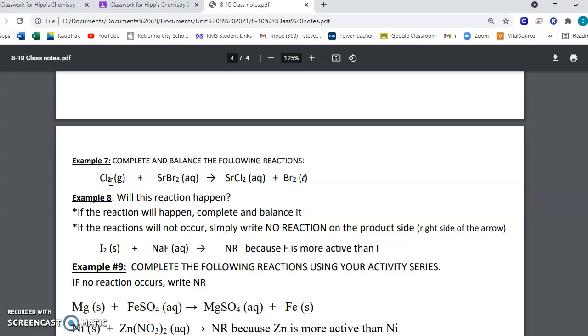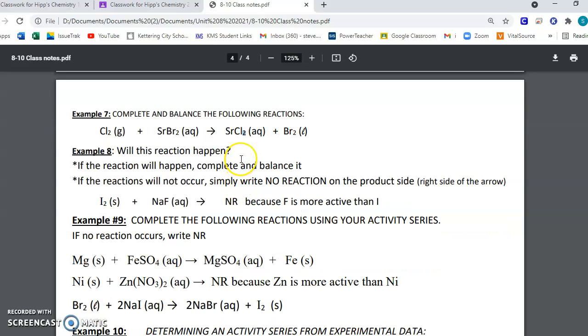It's because chlorine's the Cl in BrINClHOF. This 2 is not because of BrINClHOF. This 2 is because I crossed the 2 down from strontium. The diatomic 2s only go with the ones that are in BrINClHOF. Anytime we have an ionic compound, we crisscross the charges. So yes, this reaction happens. This is what we have.